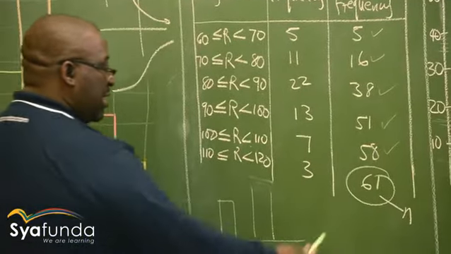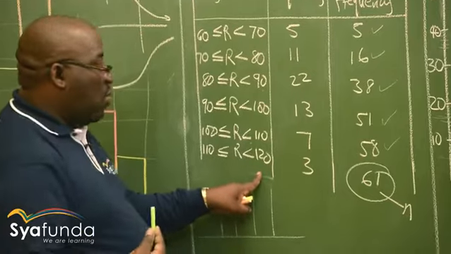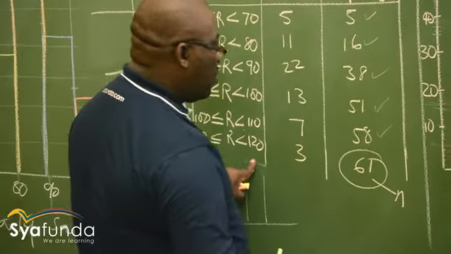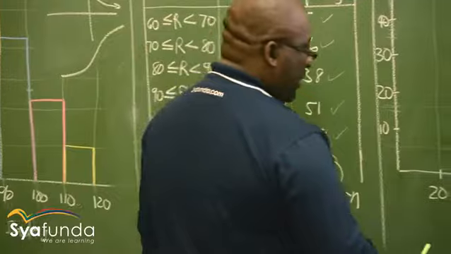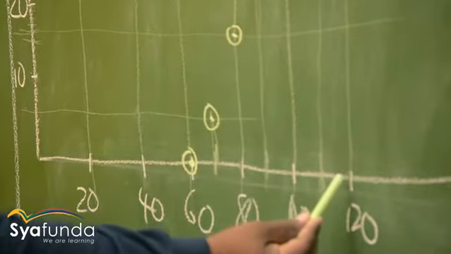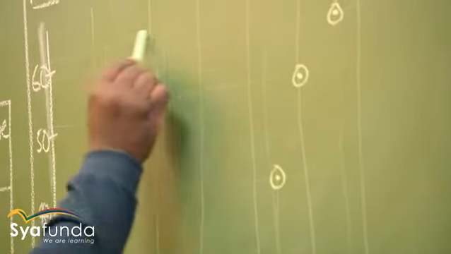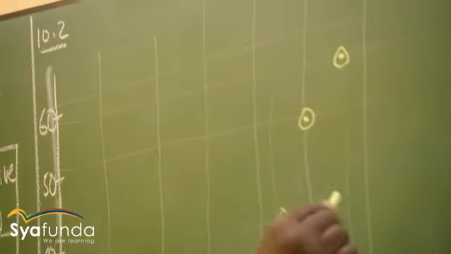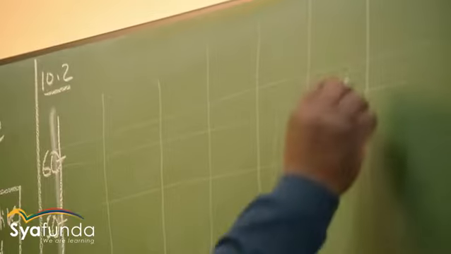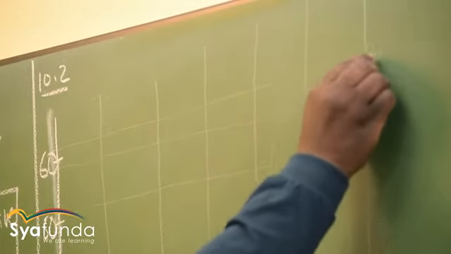The last one is 61 and 120. This is 120. Where is 61? This is 60, so 61 must be just above that. That is the point.